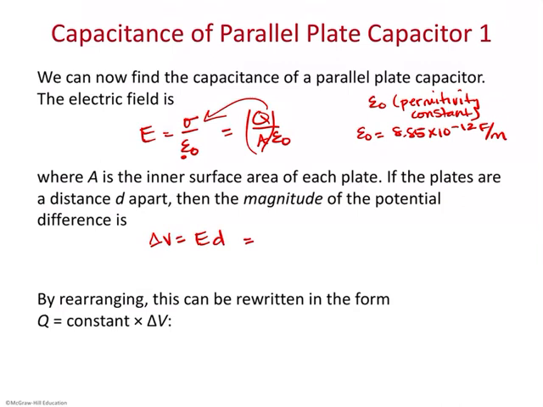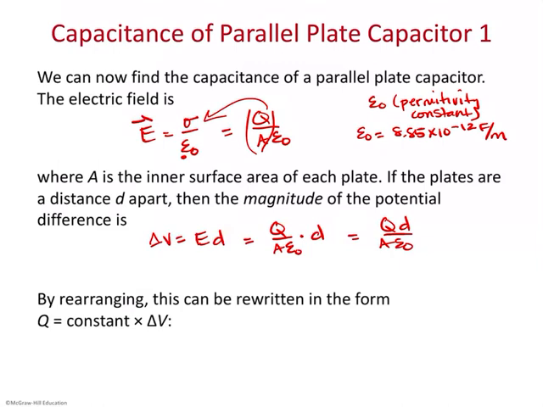The electric field here is equal to Q divided by A over epsilon, so you could have Q divided by A over the permittivity constant times distance.